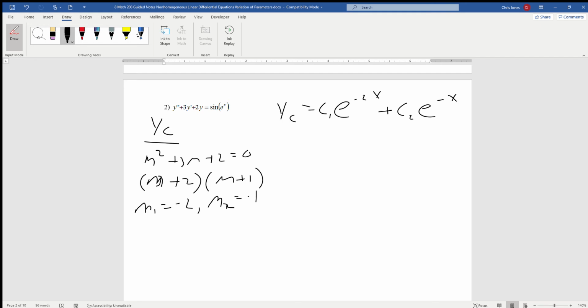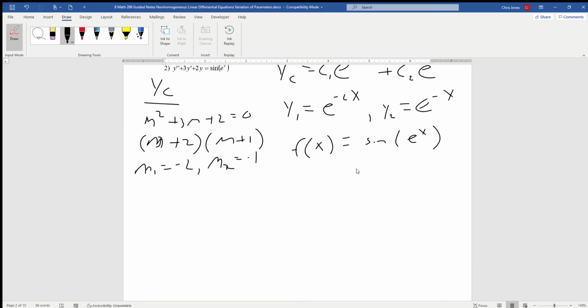This is important because we also need the variable factors of yc to generate y1 and y2. So y1 is e to the minus 2x, y2 is e to the minus x, and f of x, the whole genesis of having to do this, is sine of e to the x. Hopefully this works out nicely, but if not, then we have to rely on our integration skills.